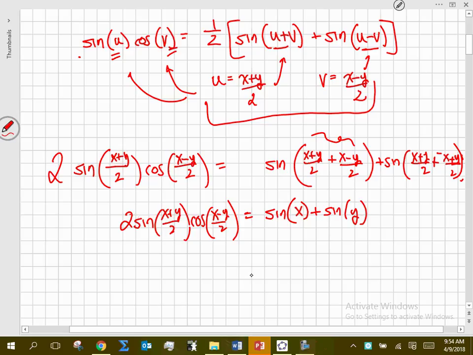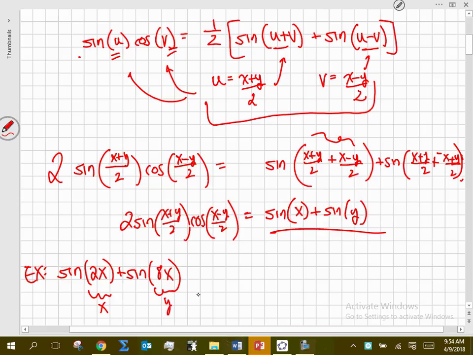And that's the side that you're usually going to start with. If I have, let's just do an example. Let's say that they give me sine of 2x plus sine of 8x. That matches that format right there. Where this is the x in that format, and that's the y in that format, right? Doesn't that become 2 sine of x plus y over 2?